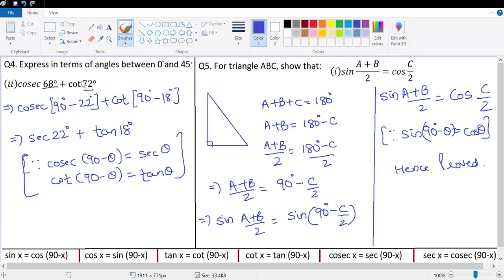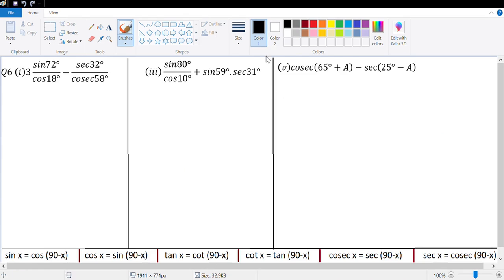The next question that we do is question number 6, part 1. So it says 3 times sine 72 upon cos 18 minus sec 32 upon cosec 58. I notice 72 and 18 are complementary and 32 and 58 are complementary. So let me change the numerator in the first term.